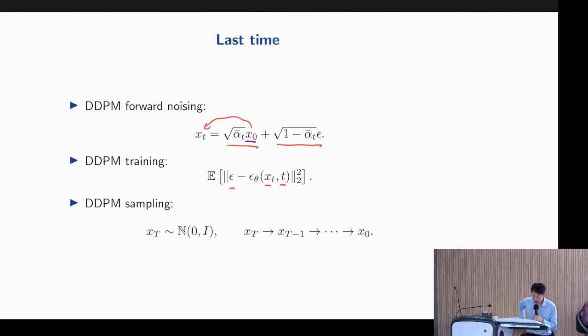And for sampling, you start from IID, easy to sample, so in this case, standard normal, and you follow this dynamics. So you can denoise one step at a time until you get satisfying clean image. And this, in practice, goes about 1,000 or 2,000 steps of iterations.